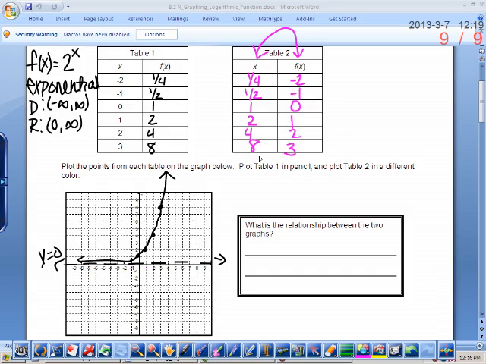All right, so we've just flipped our x's and y's, and now we're going to plot those points.